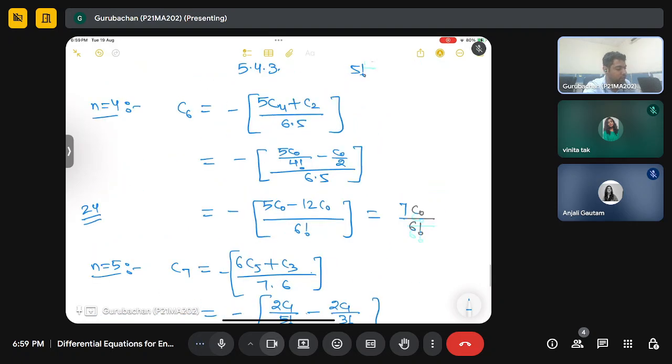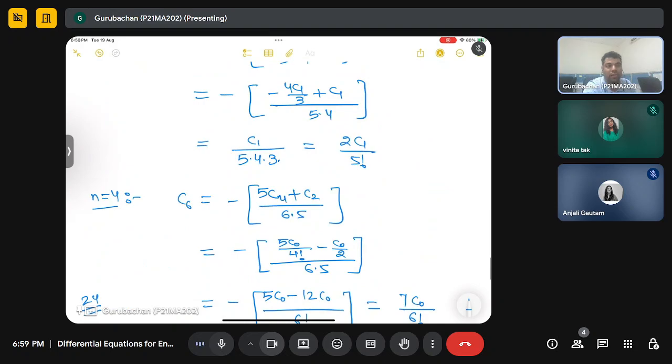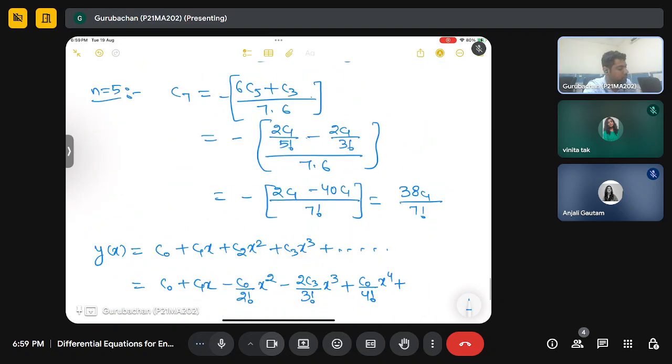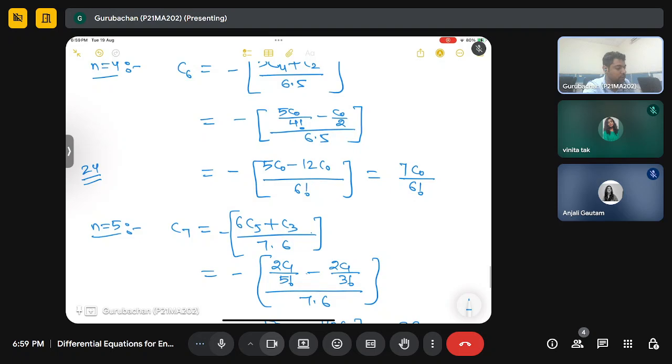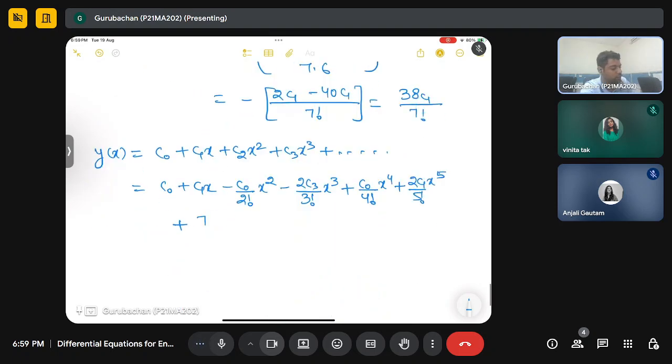C5 is 2 times C1 by 5 factorial. C6 is 7 times C0 divided by 6 factorial. And the last we have calculated is 38 times C1 divided by 7 factorial, x to the power 7, and it will go on.